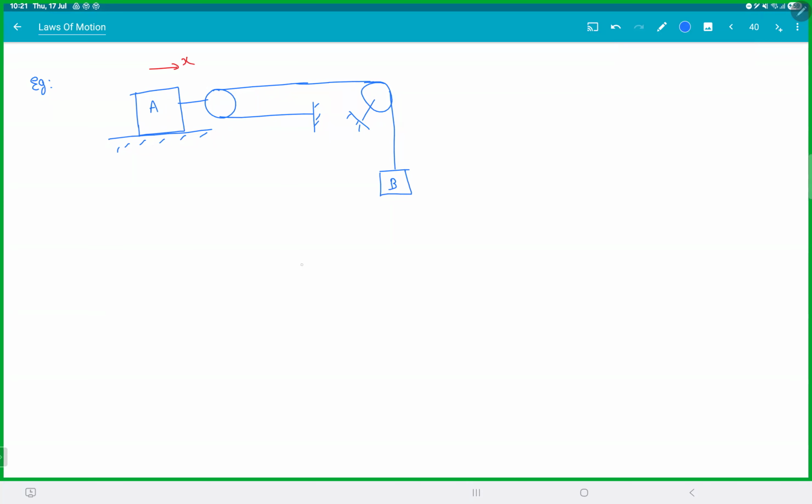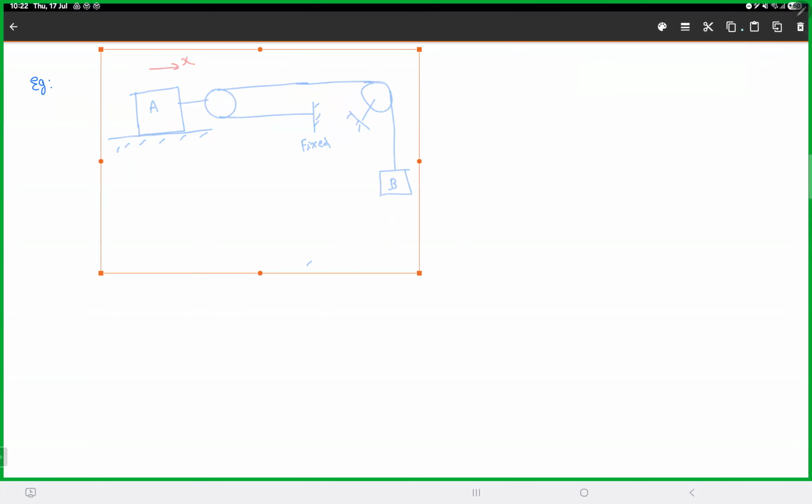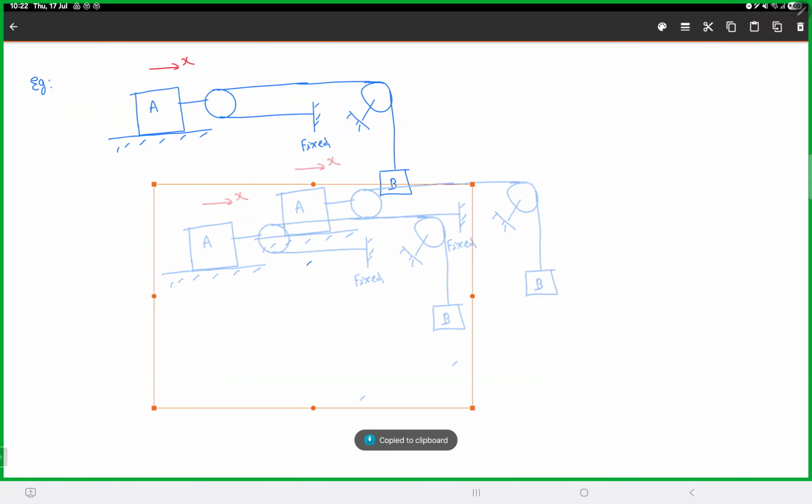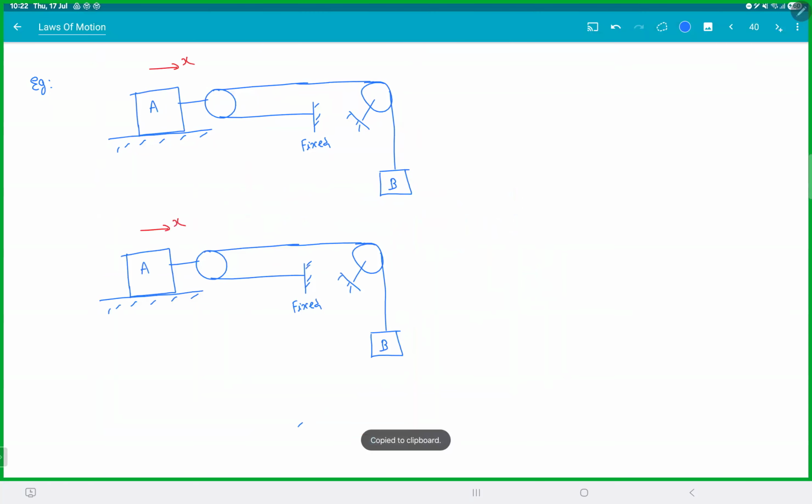Then what will happen to your picture here? This fixed point will remain the same. So this whole picture will remain the same, except your A, which is here. Now that will be a little forward.